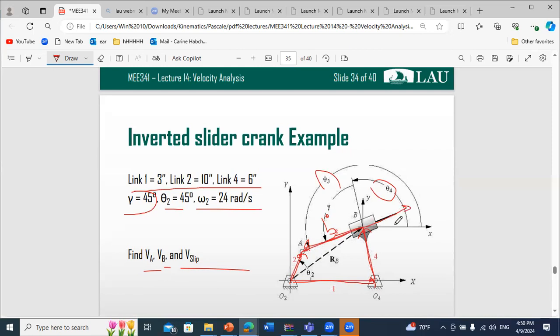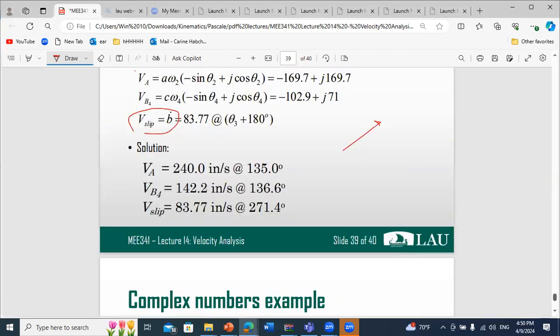If I need this angle with the positive x-axis, it corresponds to theta 3 minus 180. Why? Because please remember that the position vector was defined from B to A, while the slipping velocity, when I get B dot positive, means the slipping velocity is from A to B. So if I need the angle of the slipping velocity, I should do theta 3 minus 180 to get this angle.